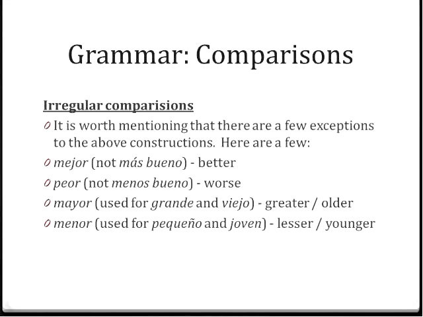Okay, and these are some irregular comparisons that you're going to see in Middlebury as well. Okay, mejor is better. Peor is worse. Mayor is greater or older. And menor is lesser or younger. Okay? Yeah.